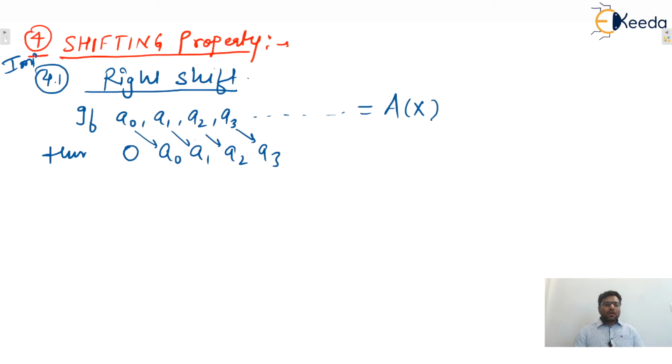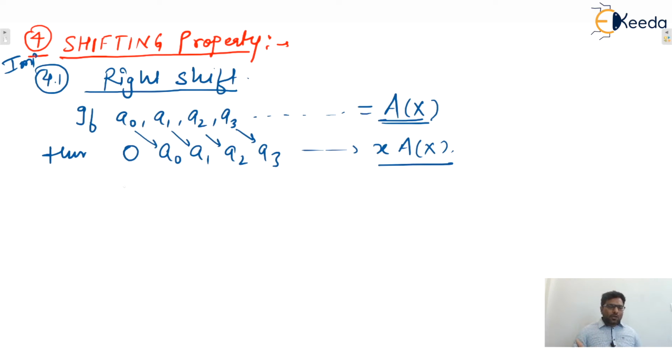That means A0, A1, A2, A3, one sequence is given to you, the standard sequence which we discussed in the table. In that standard sequence, if 0 is appended at the extreme left, then what will be the generating function? Whatever be the generating function of this standard sequence, that will be multiplied with x, and that will be the corresponding generating function.